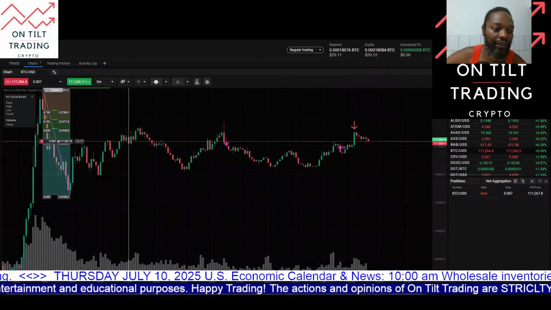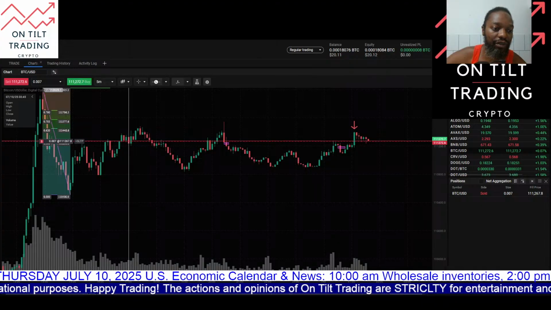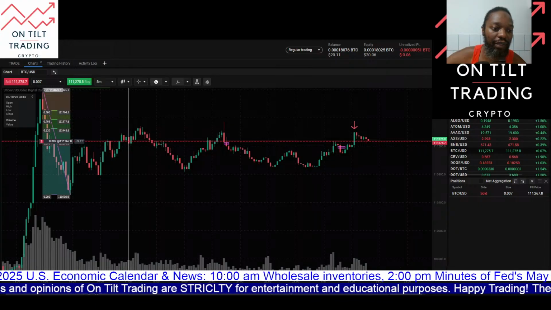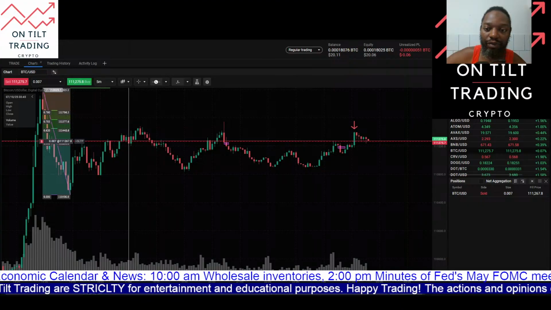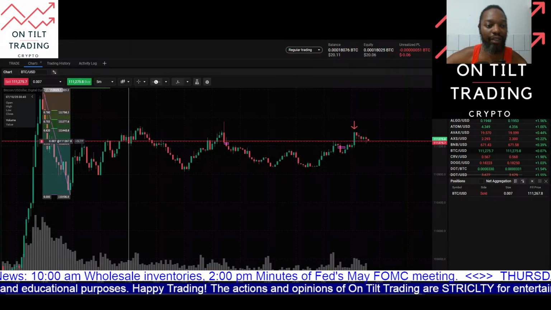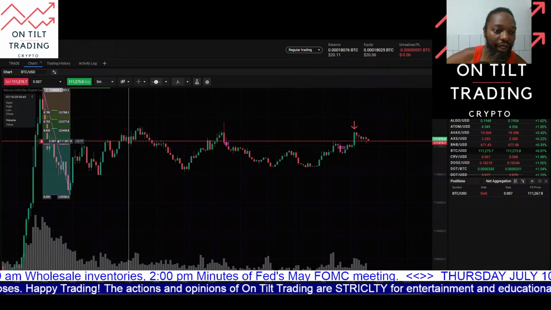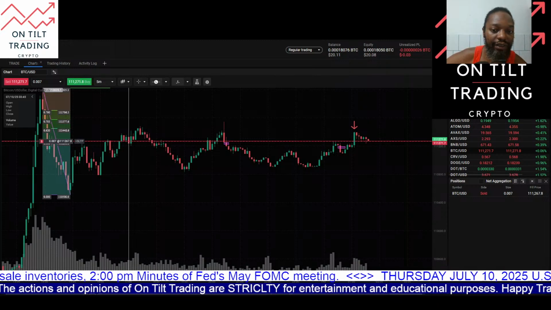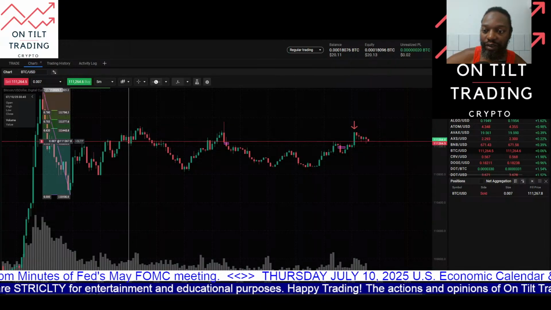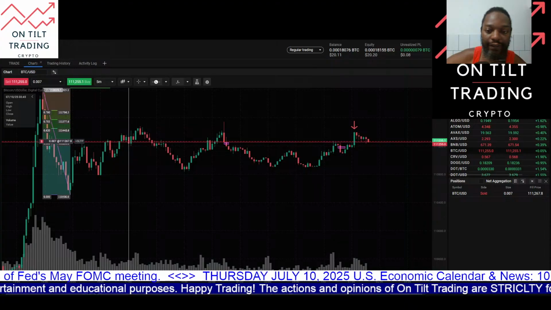So if selling, I want to sell above equilibrium. If buying, I want to buy below equilibrium here. Just trying to get a fair price here at equilibrium or slightly better. So I was able to accomplish that with this entry today.